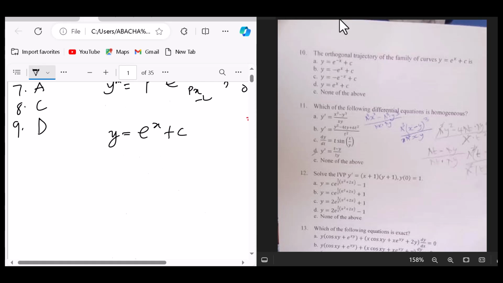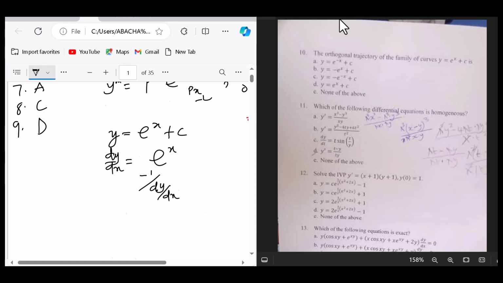First you have to differentiate, so dy/dx will be equal to e power x. Then we find negative 1 over dy/dx, and then integrate it.